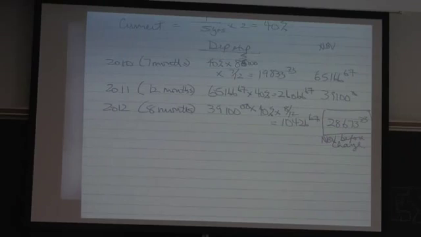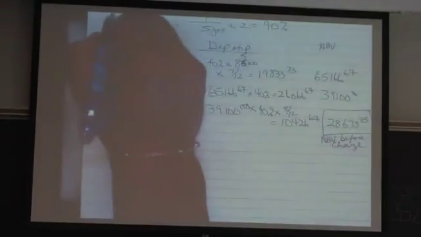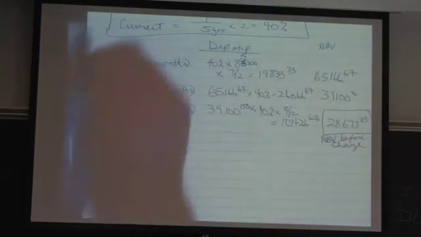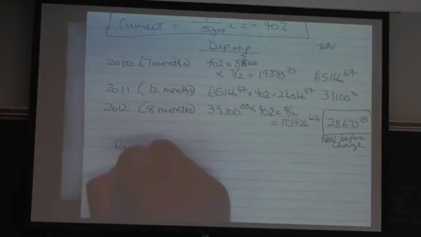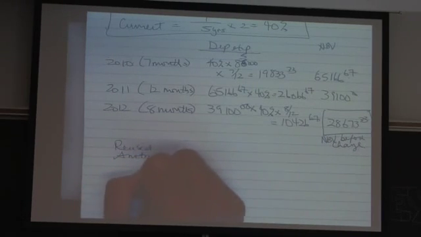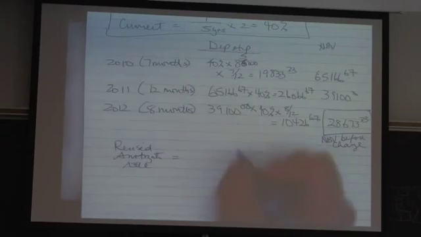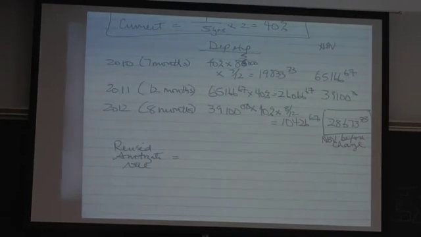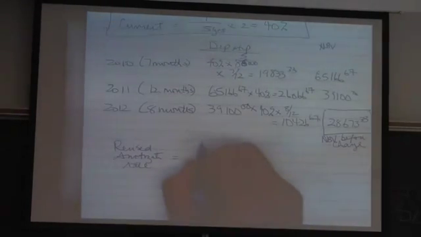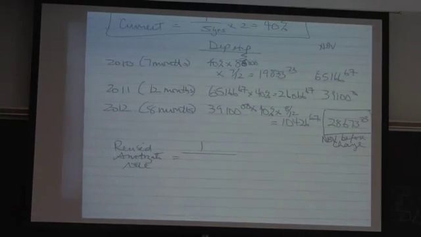Now, once again, we need to calculate the revised amortization rate or depreciation rate. So this is the current depreciation rate. Here's the hard part. We need to divide 1 over straight line, the remaining useful life.